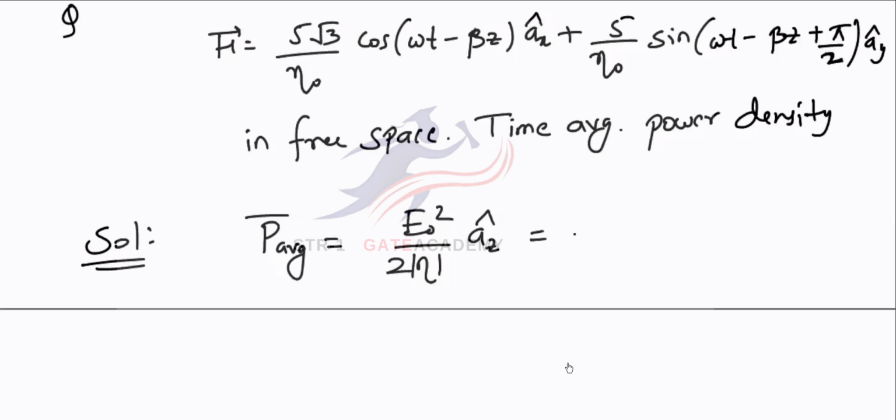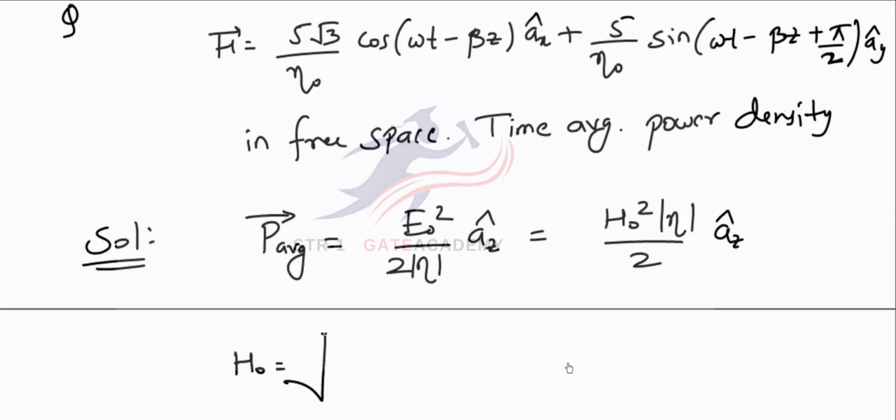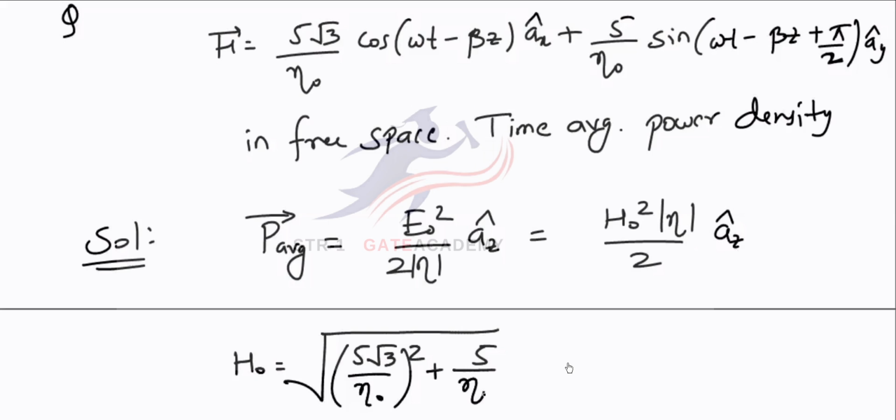It is equal to h naught square into mod of eta divided by 2 into az vector. Now I can easily find h naught. h naught will be equal to under root of 5 root 3 by eta naught square plus 5 by eta naught whole square.